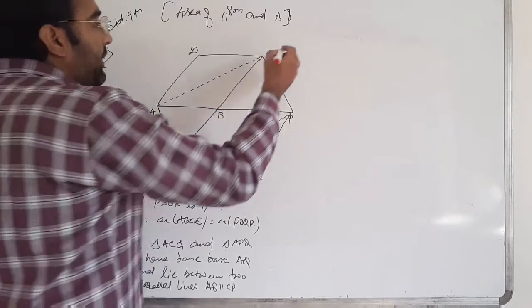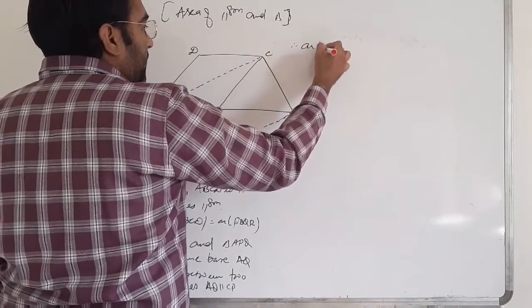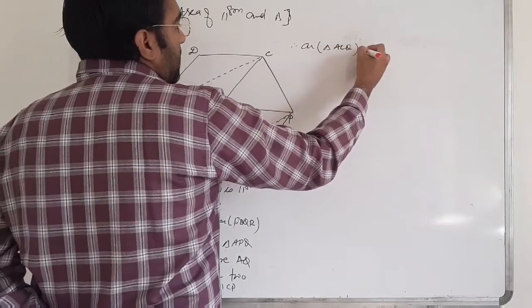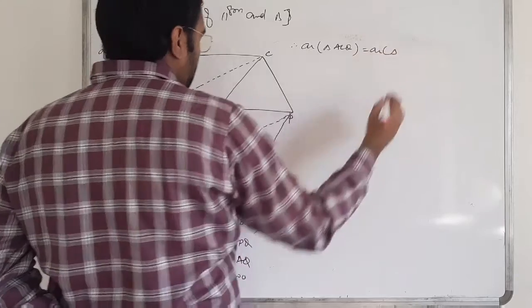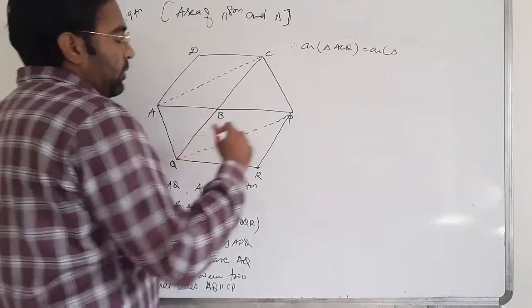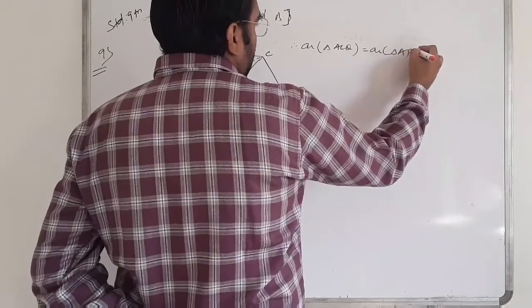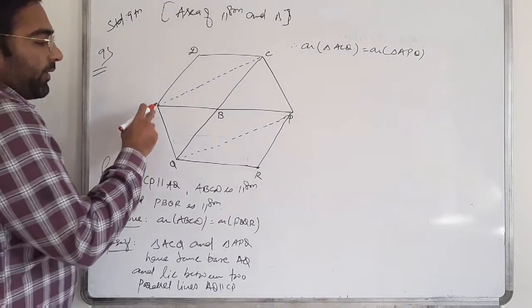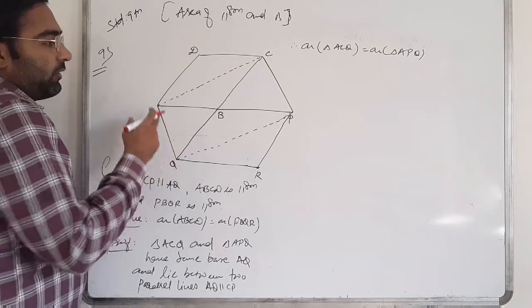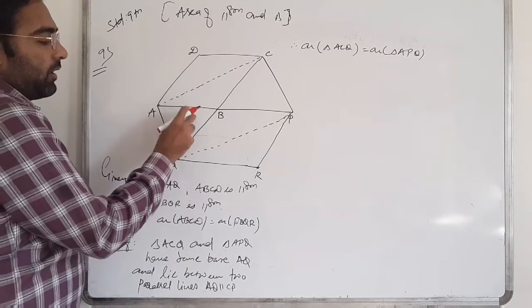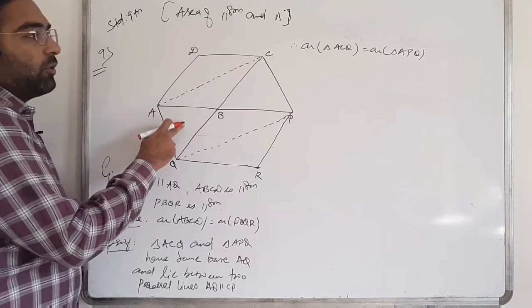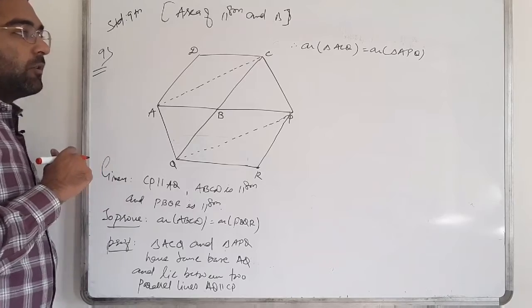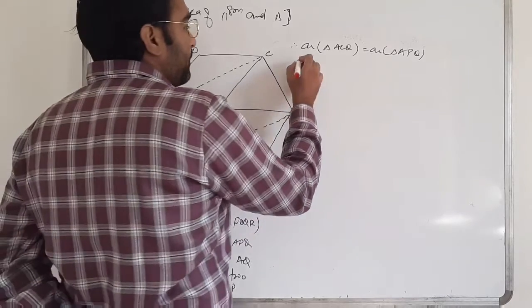Therefore area of triangle ACQ is equal to area of triangle APQ. Now triangle ABQ is common in both triangles, so I'll remove that area.